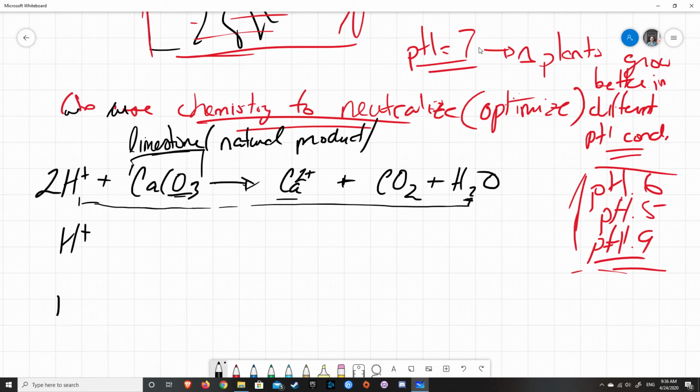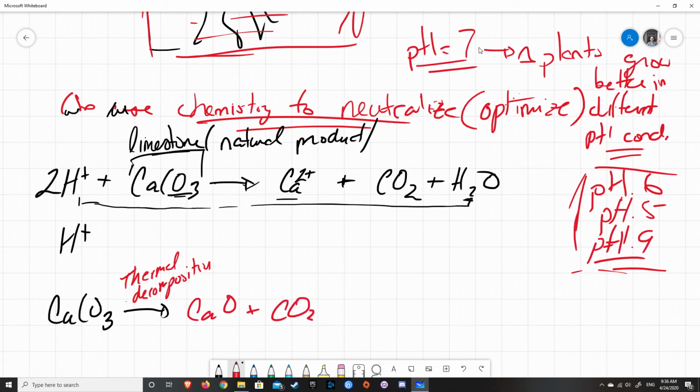Or what we can do is take calcium carbonate and thermally decompose it. I'll change colors for that. This is thermal decomposition, and it thermally decomposes to calcium oxide and CO2.